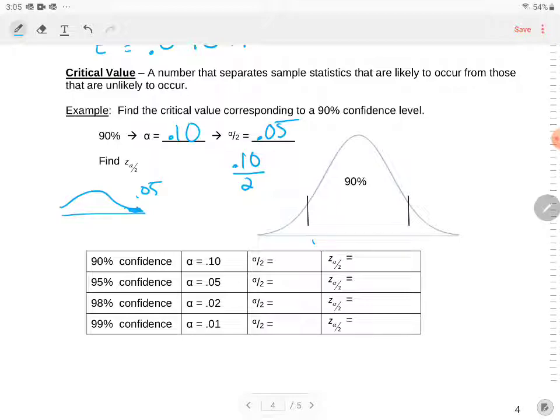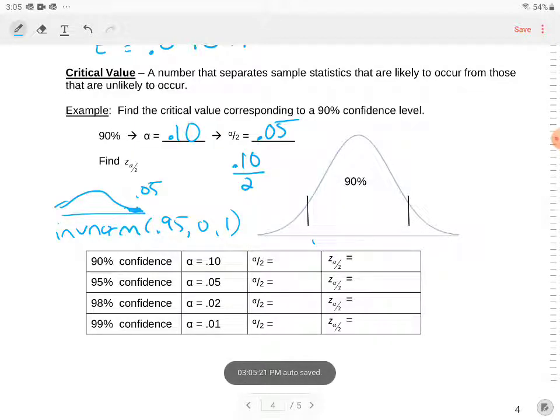If you guys remember from last week, you have inverse norm, area to the left, 0.95, comma, 0, comma 1. Okay, so the inverse norm is a little bit tricky. That's how we find our z values, because it calculates the left tail.